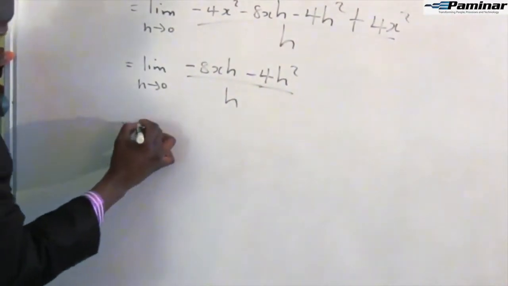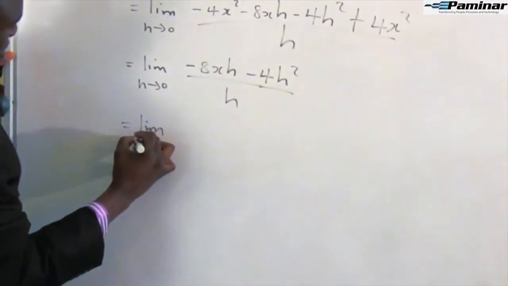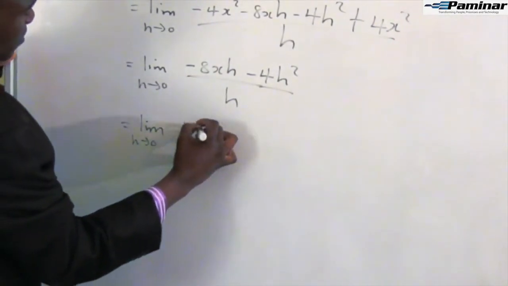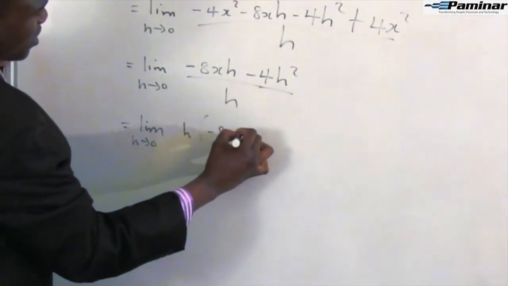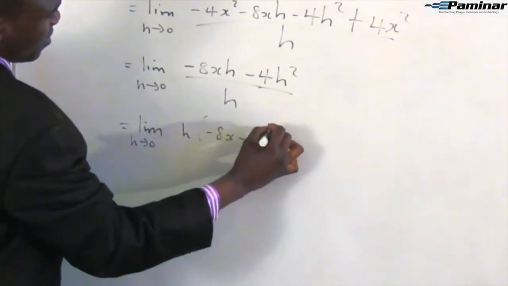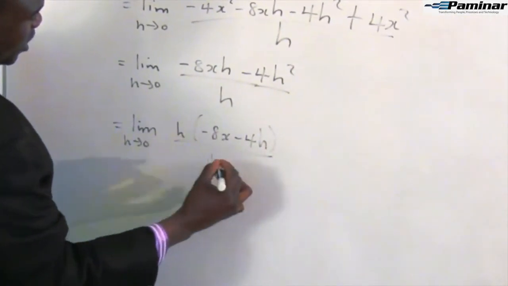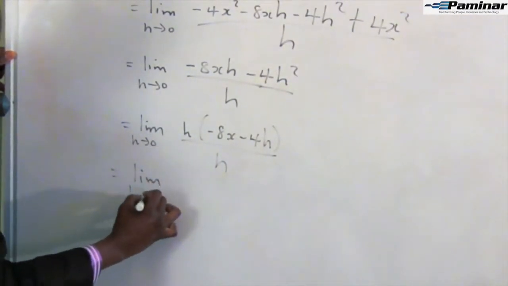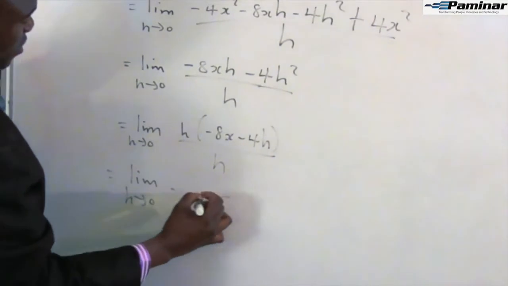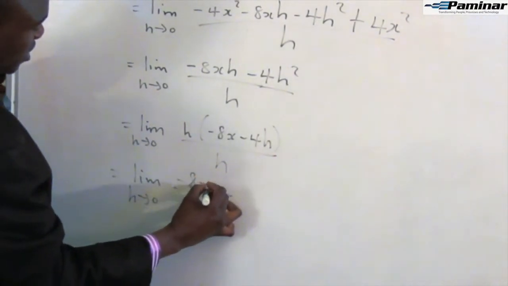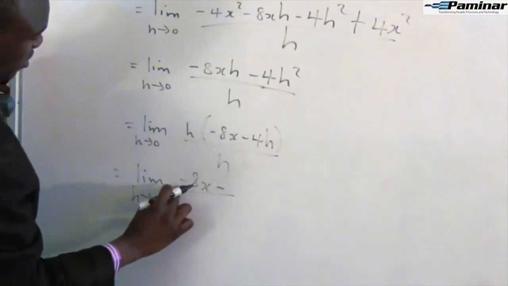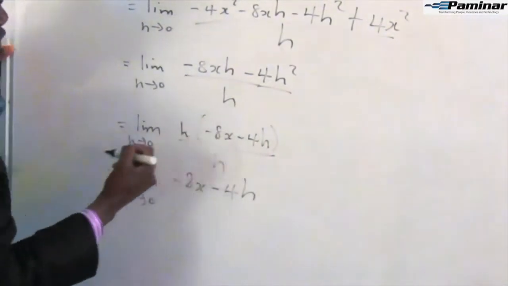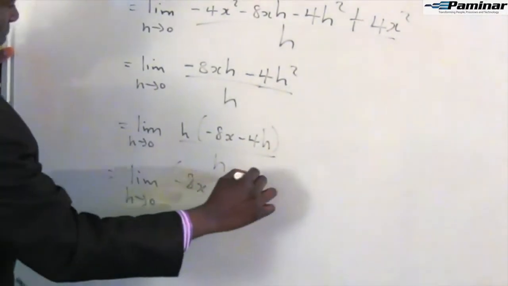Now let's factor out h: h times minus 8x minus 4h, over h. Now we're going to get the limit as h approaches 0 of minus 8x minus 4h. This goes, then we remain with this.